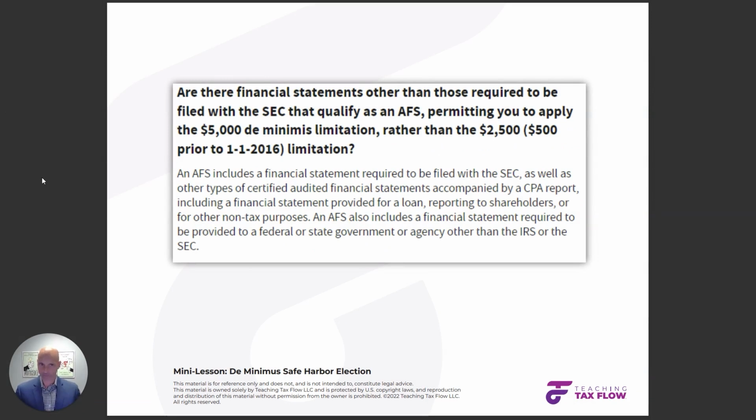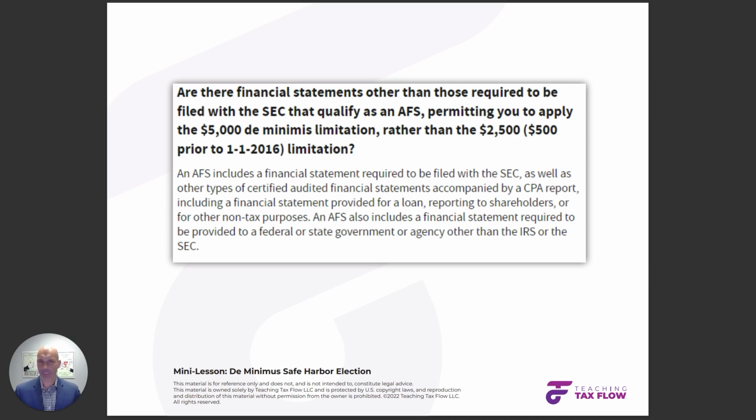Let's talk about applicable financial statements. An AFS is when a business has a financial statement that is required by the SEC. Remember, I mentioned most taxpayers do not have an applicable financial statement. But if you have a financial statement that is required by the SEC, so you're a publicly traded company, something like that, or any other type of certified audit financial statements accompanied by a CPA report.